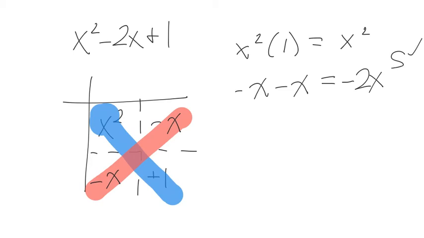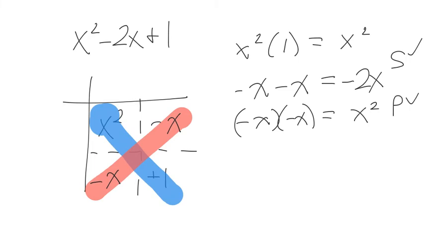But what about the product? Well, negative x multiplied by negative x equals positive x squared. Exactly the same thing as I had up above. So by that, I know that I've done the product as well. So because I have satisfied the sum rule and the product rule, I know that I've done my chart correctly.